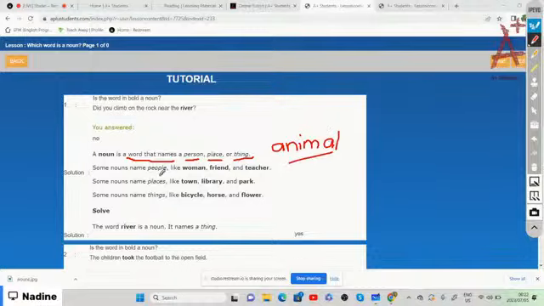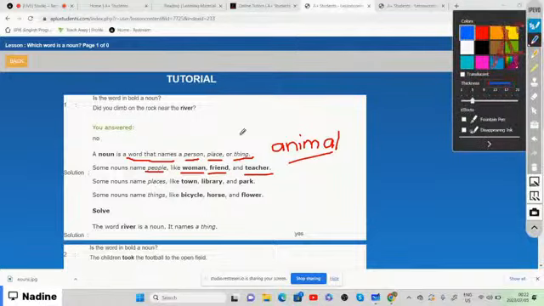Some nouns name people, like woman, friend, teacher, and of course we have many more. Some nouns also name places like town, library, and park. Remember, a place can even be your house or home, the field.